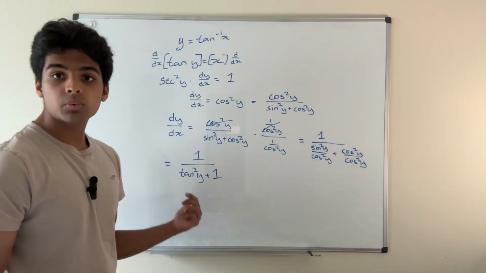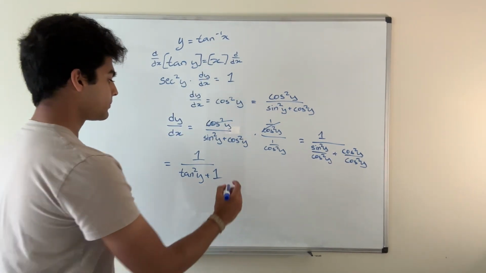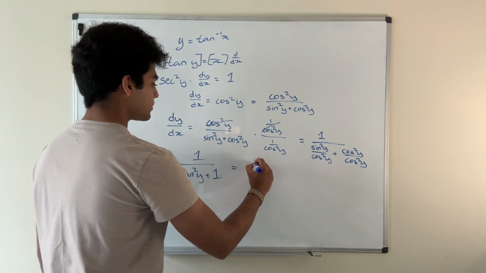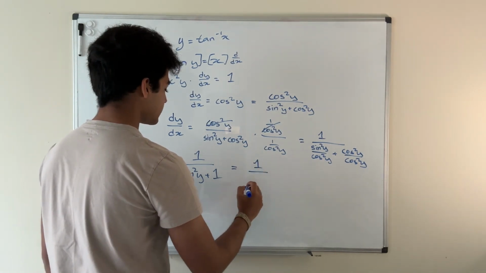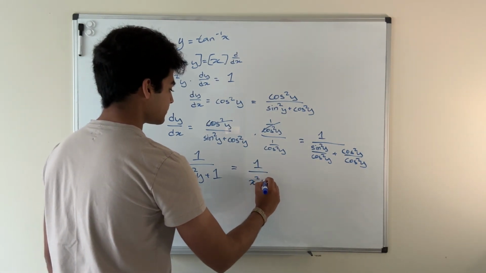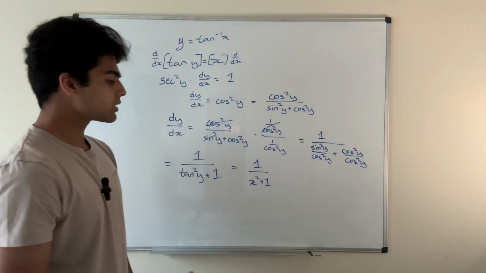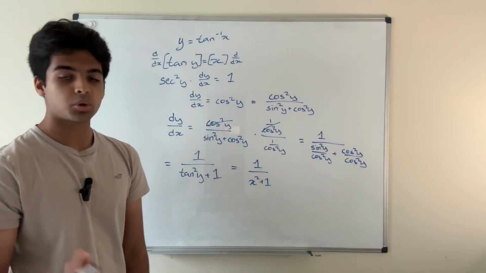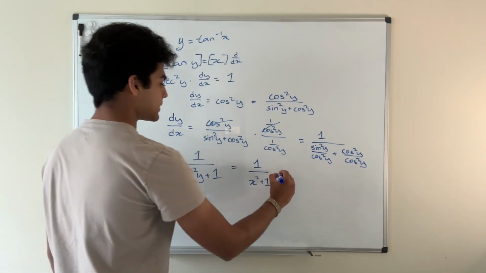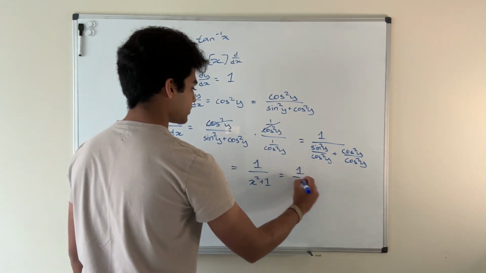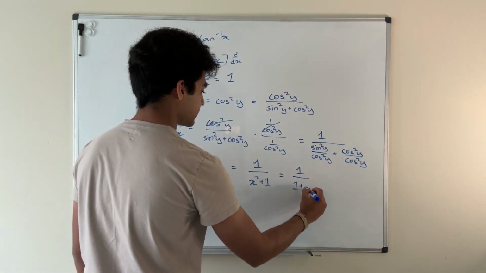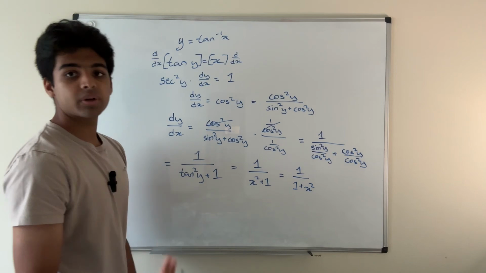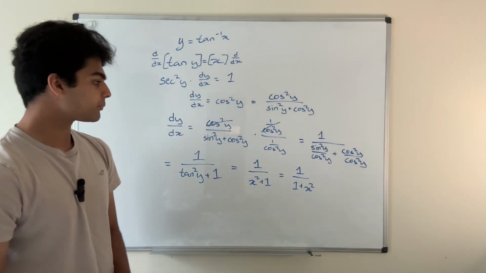So tangent squared y is going to be x squared, right? So then we'll be left with 1 over x squared plus 1. And the more normal way of writing this is 1 over 1 plus x squared.